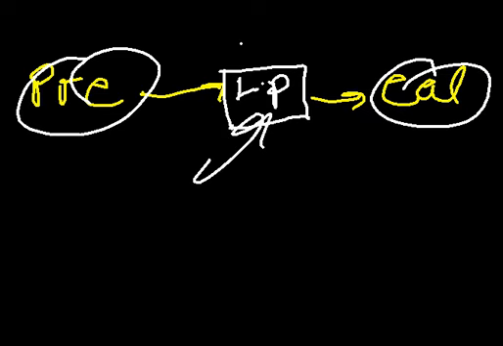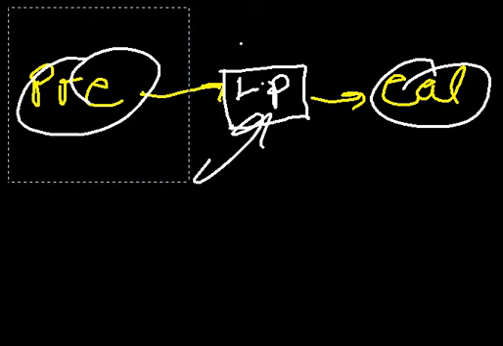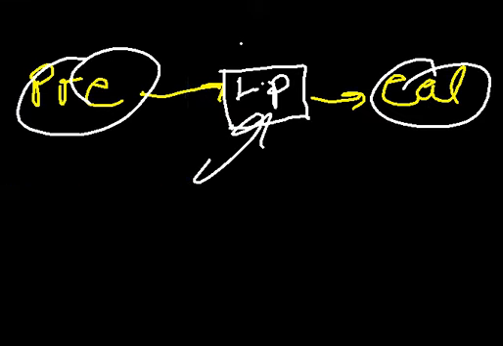So that's how you should understand calculus mathematics as well as precalculus mathematics. Calculus mathematics is the study of dynamic mathematics, while precalculus mathematics is the study of static mathematics. But how do we move from precalculus to calculus? We use what you call the limiting process, or the limiting machine.